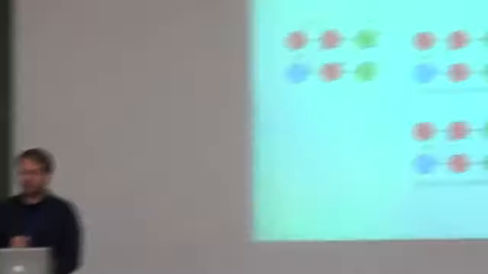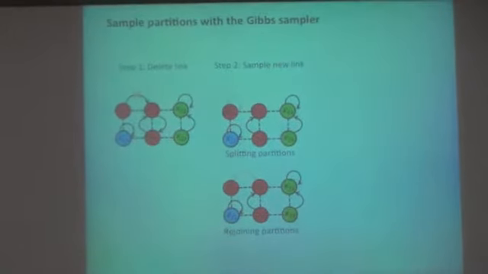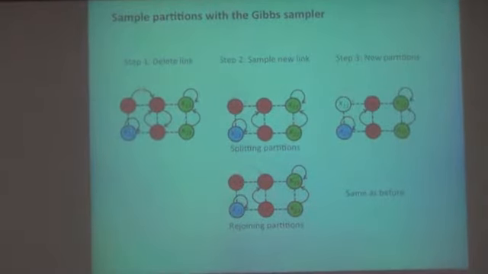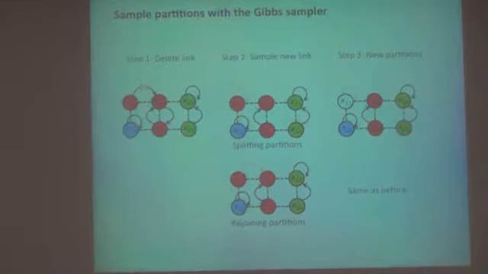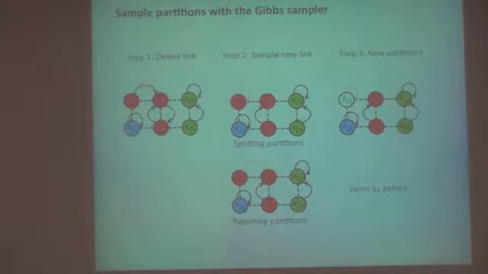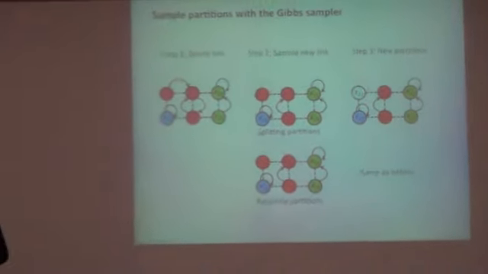And in a Gibbs sampler, this would look like this. We go through the voxels once we have a starting point, remove a link, and sample a new link according to the probabilities that we saw before. Then there are a few scenarios that can happen. One is that we form a new partition, so we split an existing partition into two.